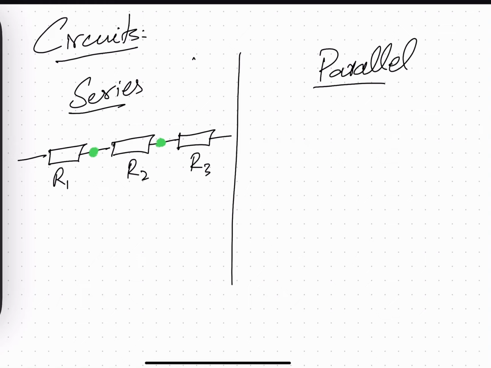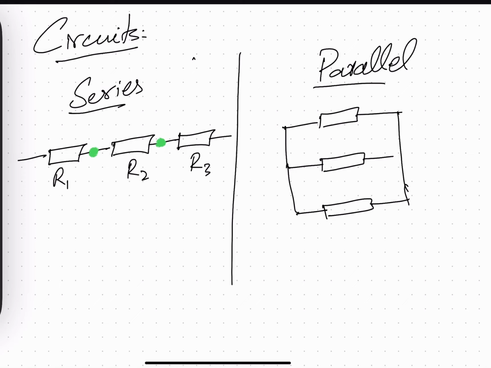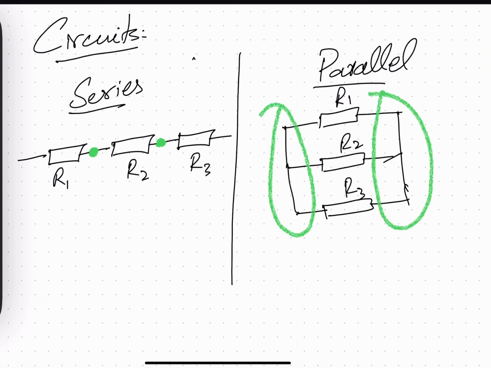And when you talk about the parallel combination, the components are attached face to face. They are facing each other. There is another key point to keep in mind: they are attached with common terminals. These are the common terminals, so they're all attached with two common terminals.